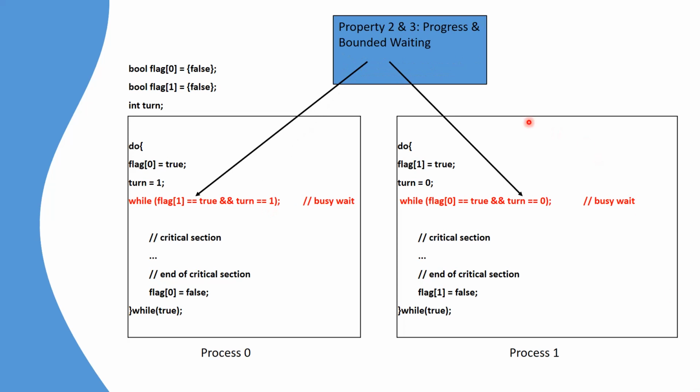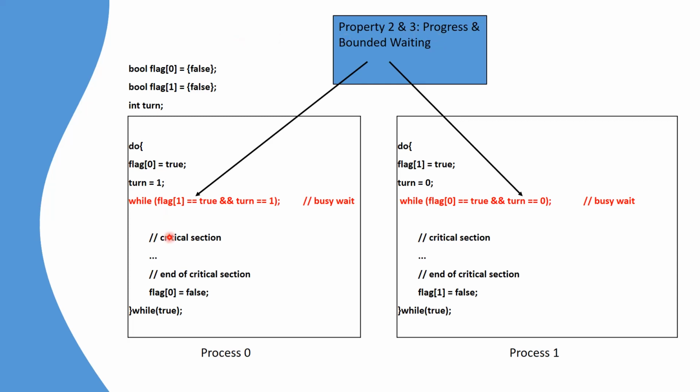Now let us look at properties 2 and 3, that is progress and bounded waiting, which must be satisfied by Peterson's solution. Property 2, progress, says that if no process is executing in the critical section and some process wishes to enter, then the selection of the process which wishes to enter cannot be postponed indefinitely.